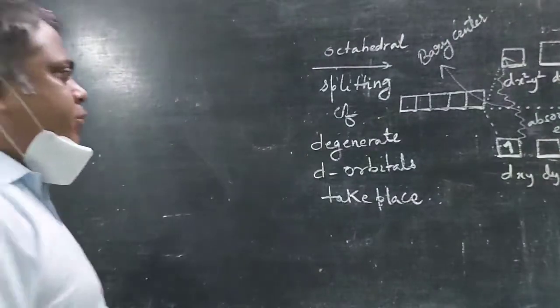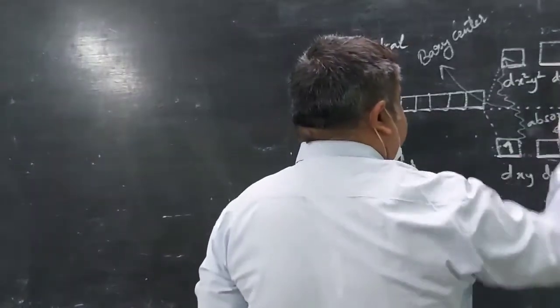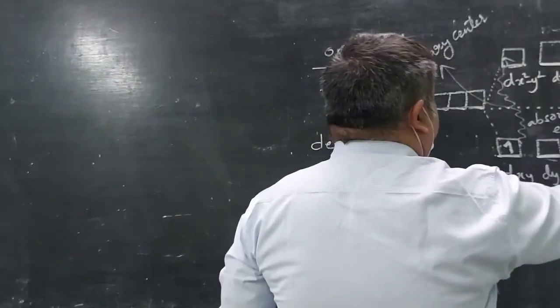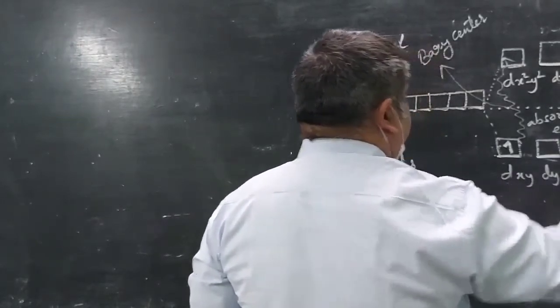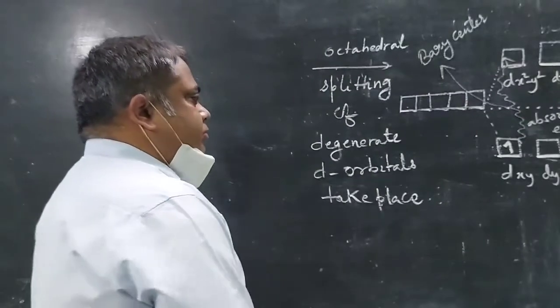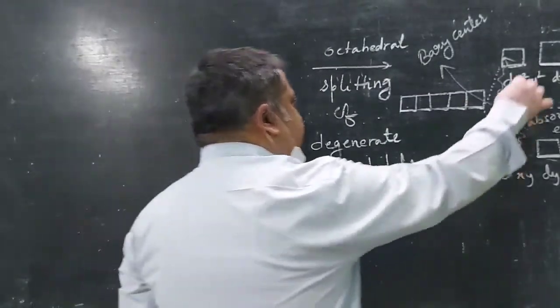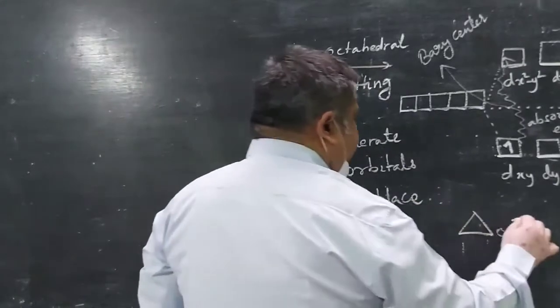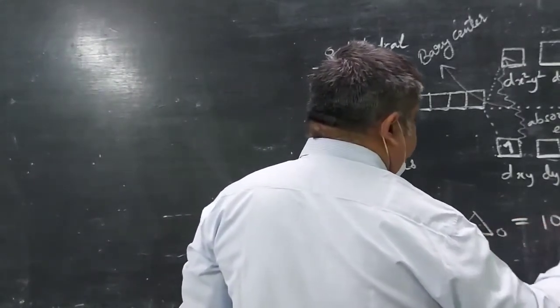The energy gap between this and this is said to be 10 dQ. It is also symbolized as octahedral splitting, delta O. Delta O is equal to 10 dQ.